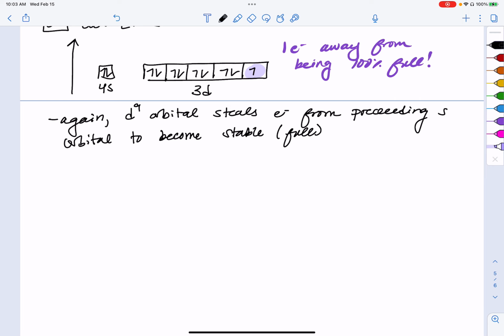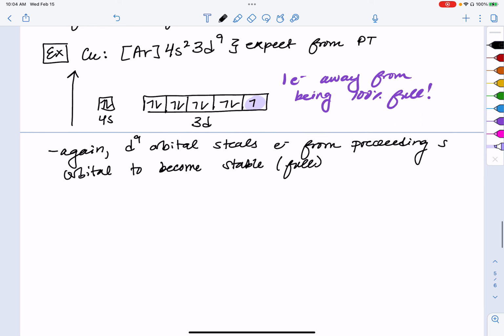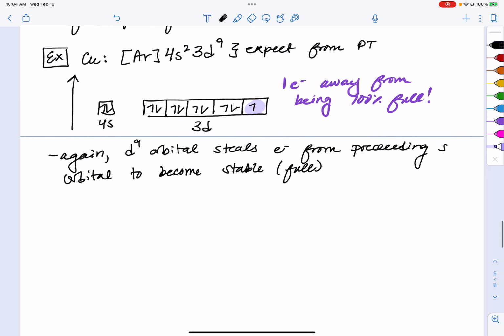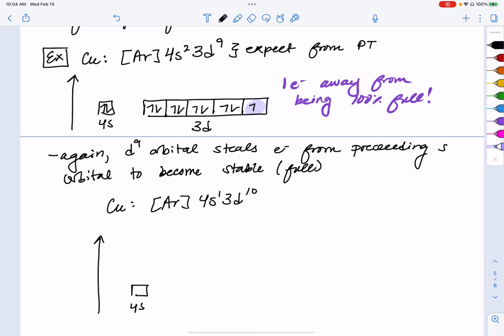So instead, we would see an electron configuration for copper of argon 4s1 3d10. We're looking at our orbital box diagram.